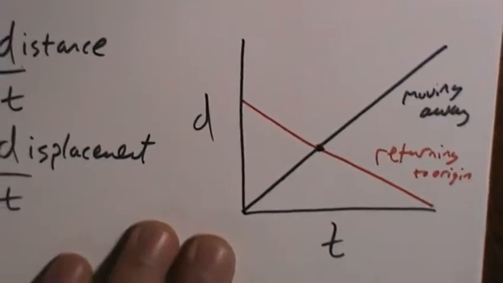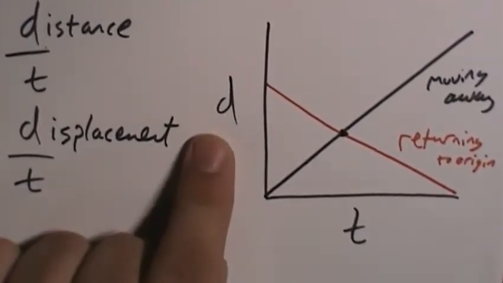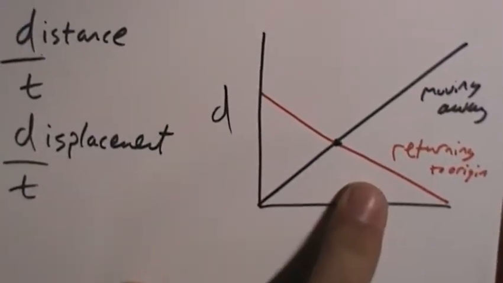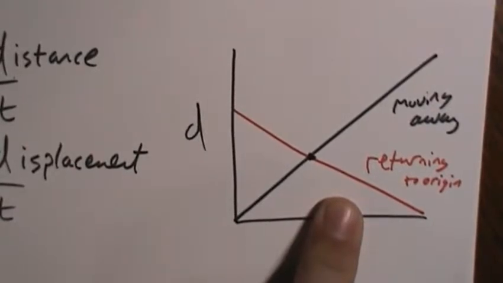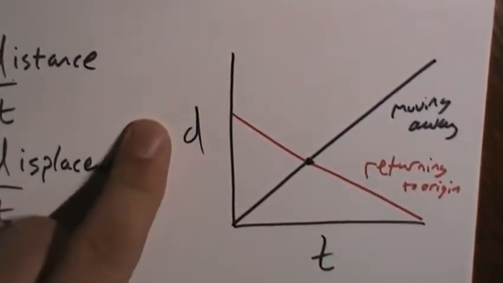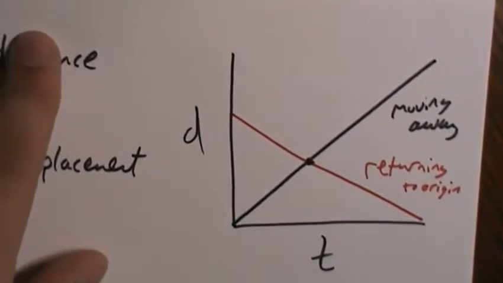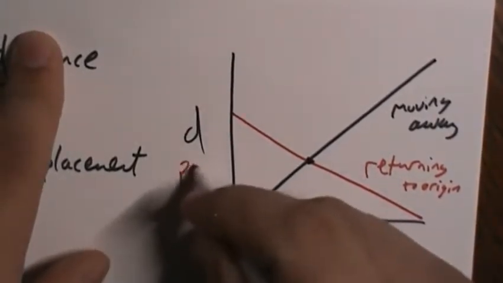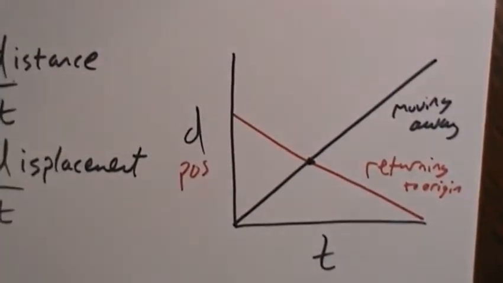Now, the funny thing is, if this is a distance-time graph, technically this red line can't possibly exist because distance can never be negative. However, on state tests, I've never seen them actually do this, and instead, what they're really graphing, or trying to graph, is position versus time.